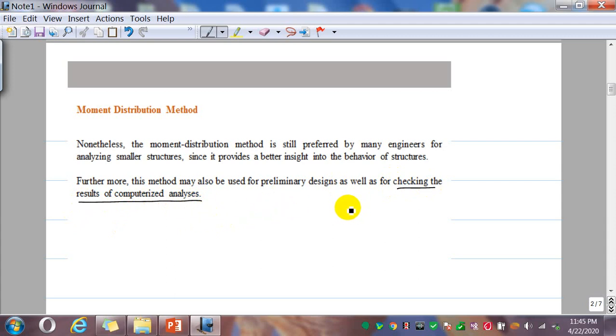Using a computer to analyze a problem is easy, but you have to validate the results, because whatever you feed into the computer is given as the result. If your input is not correct, your output will not be correct either. In such situations, you can use simple methods like the moment distribution method to cross-check your results obtained using computer analysis.